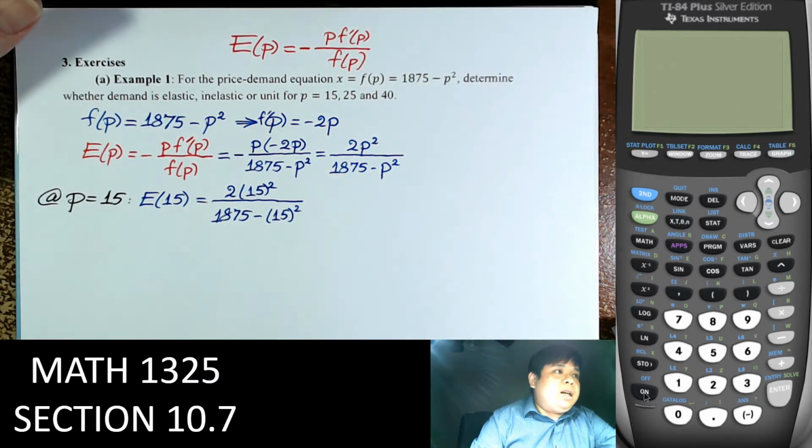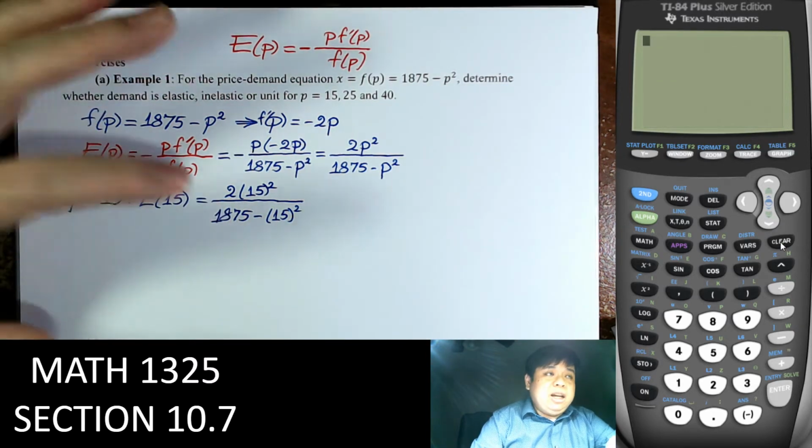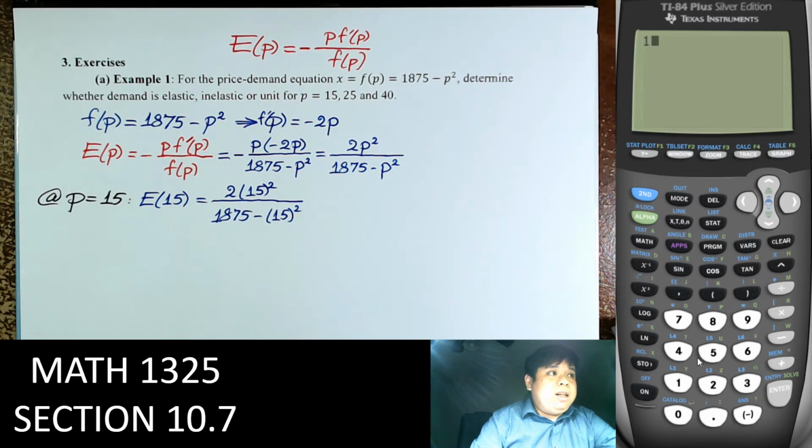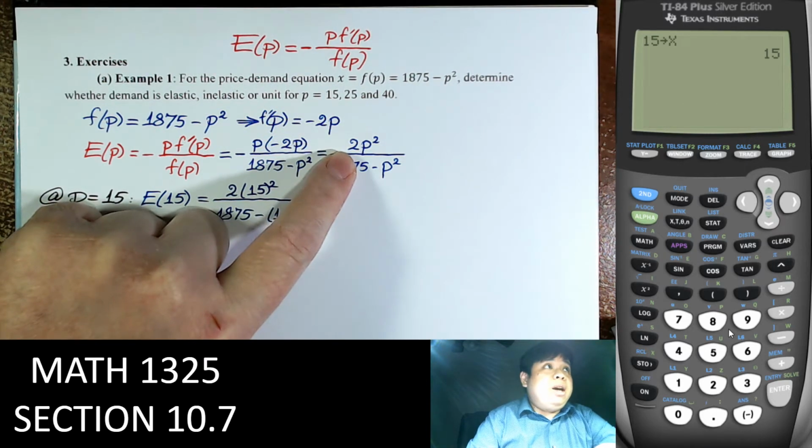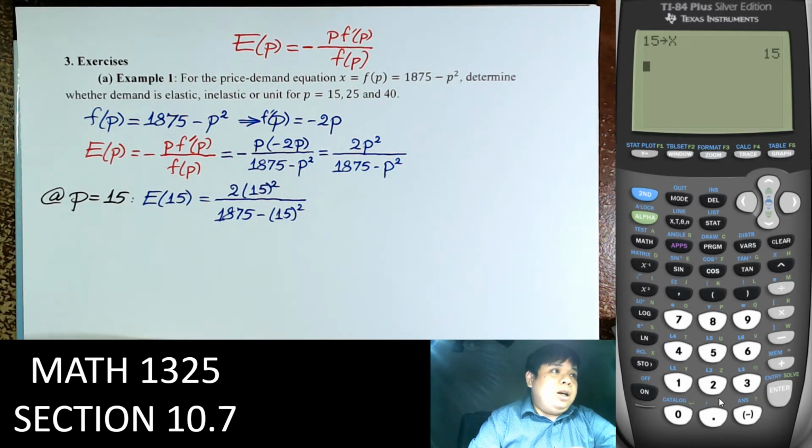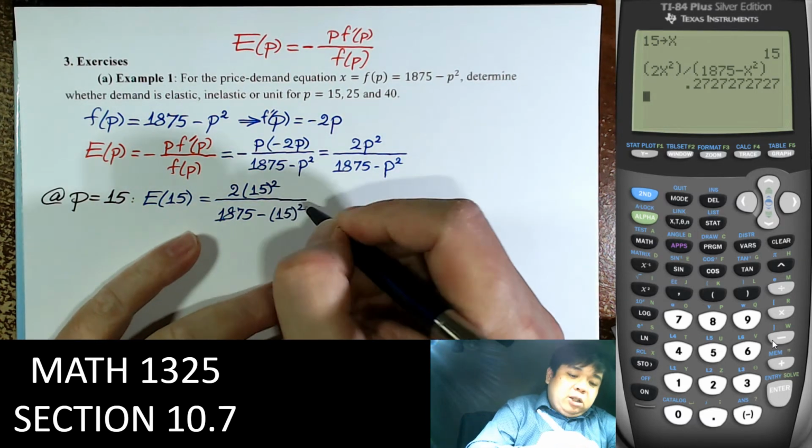Instead of p, I'm just going to use x. So I store 15 into x, and I just type this. Instead of p, I use x. So 2x squared, put it in parentheses, 2x squared on the top divided by 1875 minus x squared. So that's about 0.27.